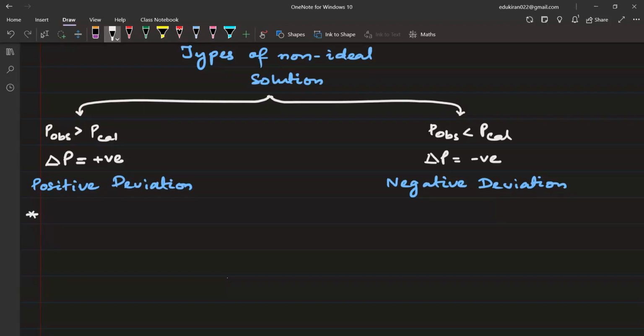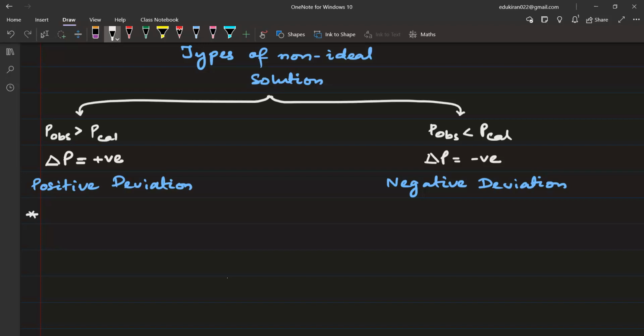First point: how is the vapor pressure increasing after we mix the components? When we mix A and B, the pressure can only increase if we have more vapors above the solution. We can have more vapors only if more of A and B are vaporizing. That means A and B are not mixing effectively.